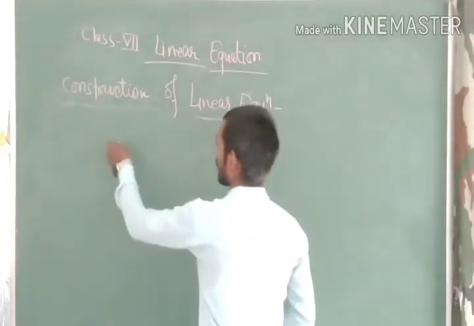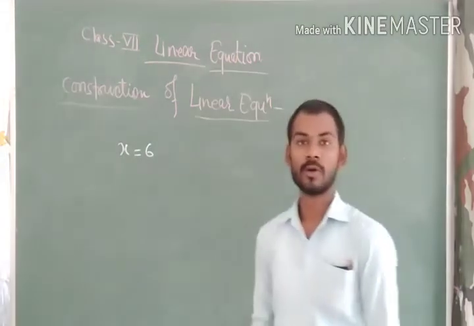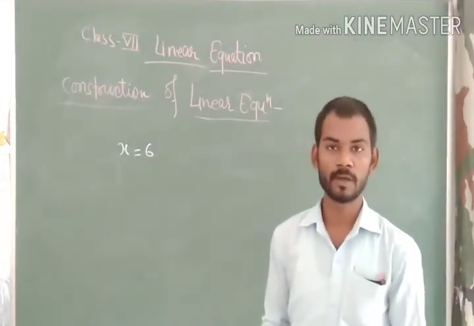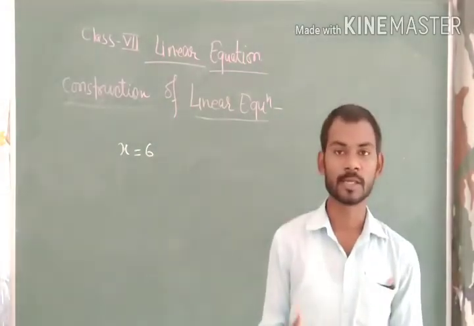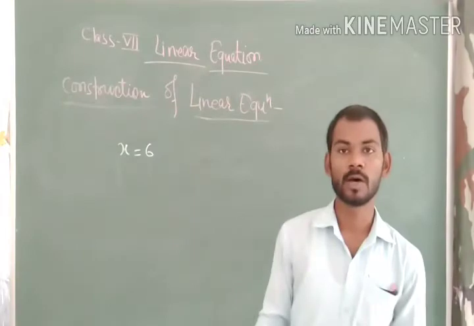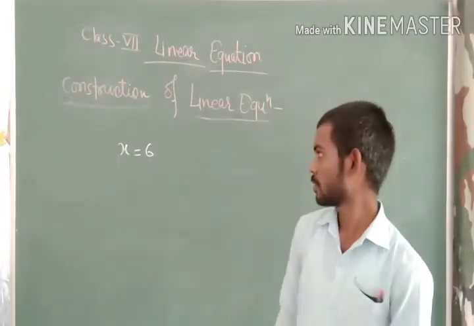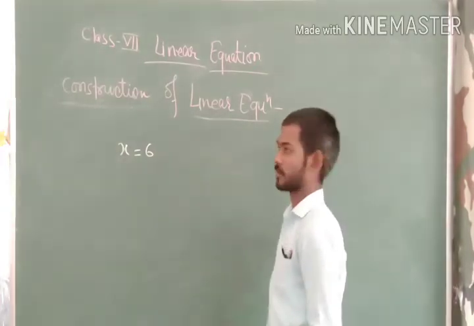If I write x is equal to 6, this is the solution of a linear equation. Here we don't know that linear equation, so we have to form it. So let's see how we will form a linear equation.